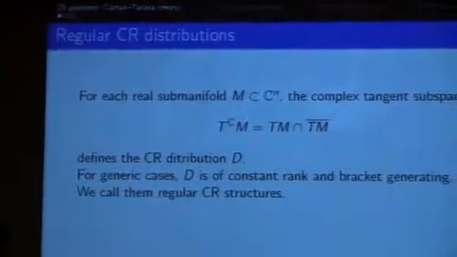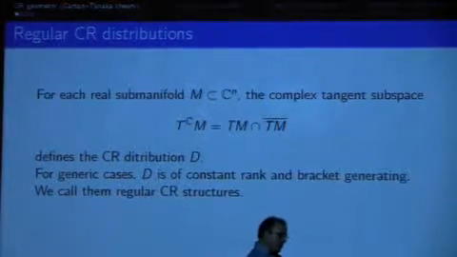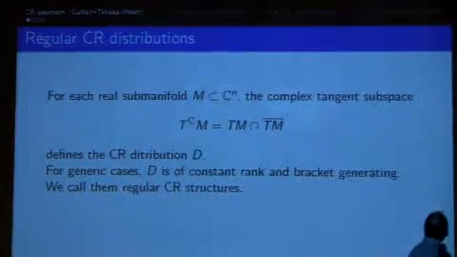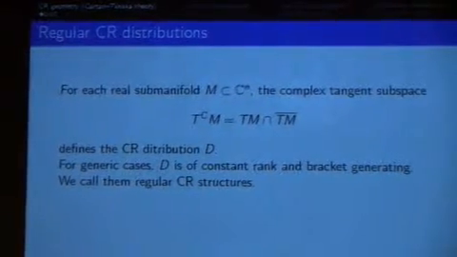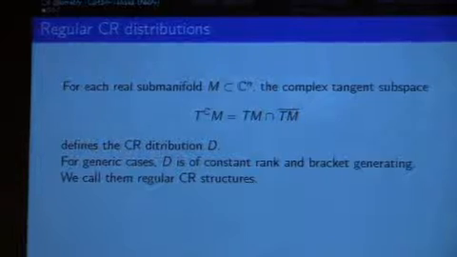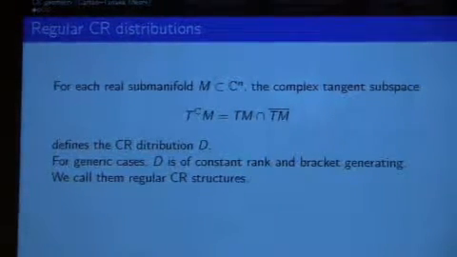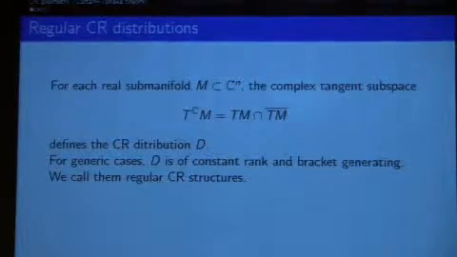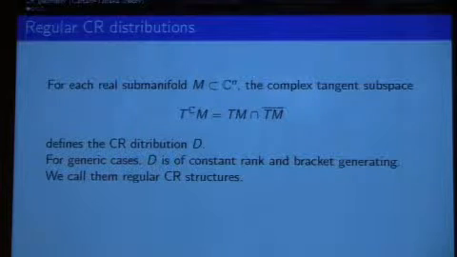So whenever we start with a real submanifold in a complex space, then of course we can look at the tangent space, look at the conjugate vector space, and let them intersect, and that will also cut off a distribution in the tangent space, which is called a CR distribution, and I will denote it D in the sequel.